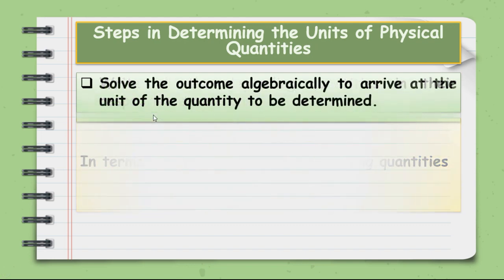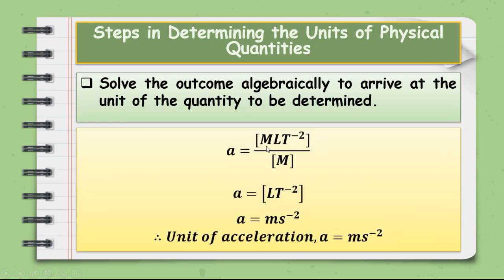The final step is then to solve for the outcome in order to arrive at the unit to be determined. That means that from the dimensions written, you cancel out the common ones that can be cancelled. Looking at this formula here, the M can easily cancel the M, and you are left with LT exponent minus 2. So this is the outcome.